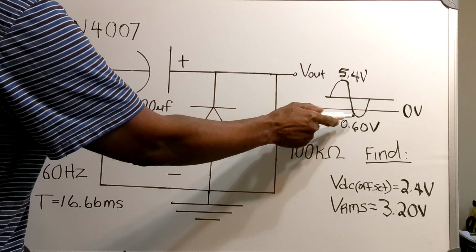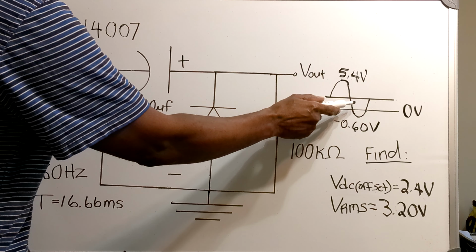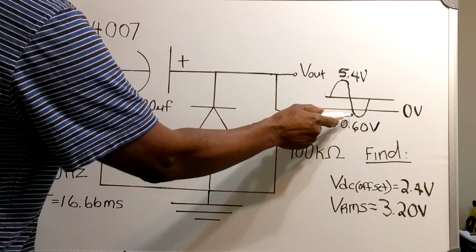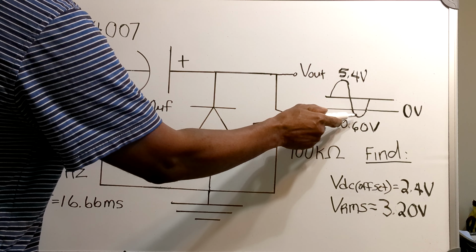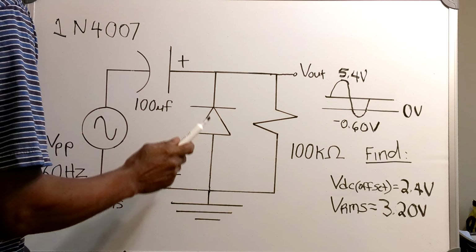But now I want to raise this up so that the bottom of the output is 0 volts. So how do I do that?